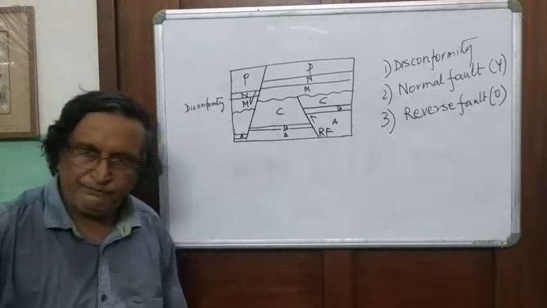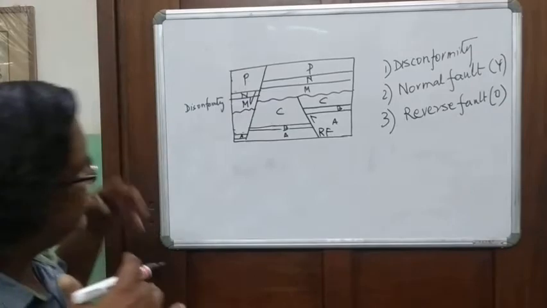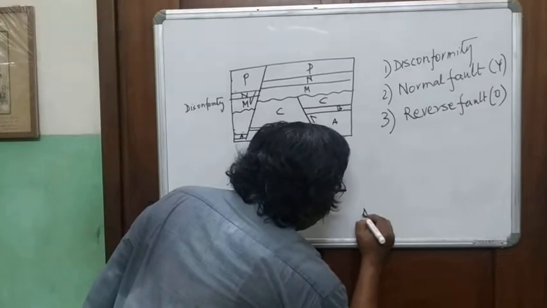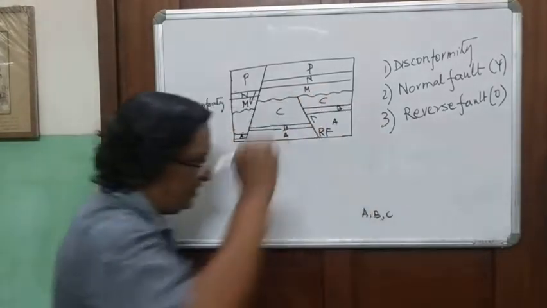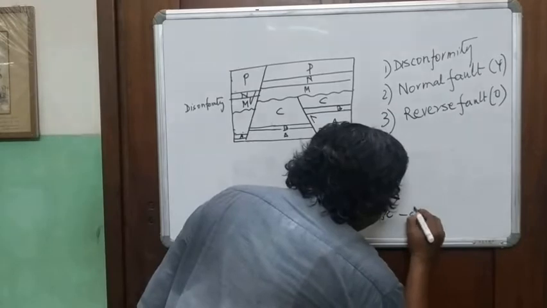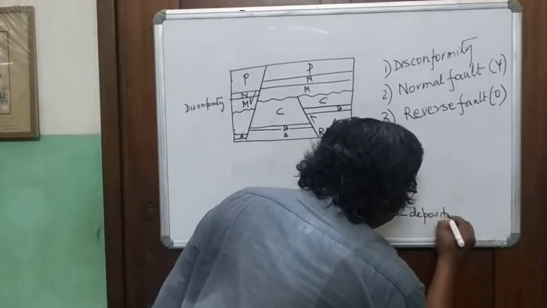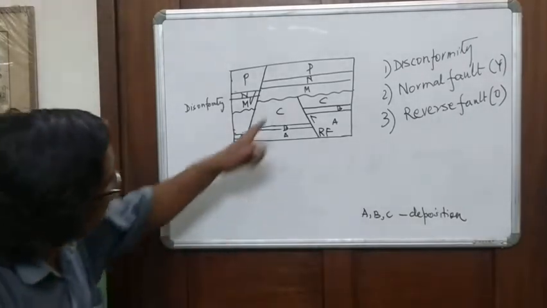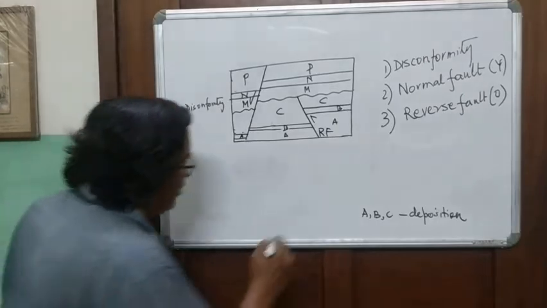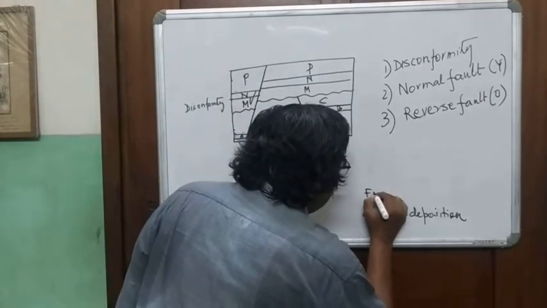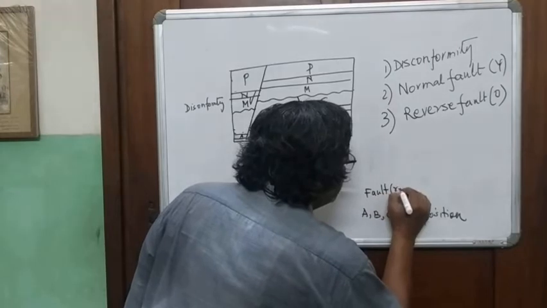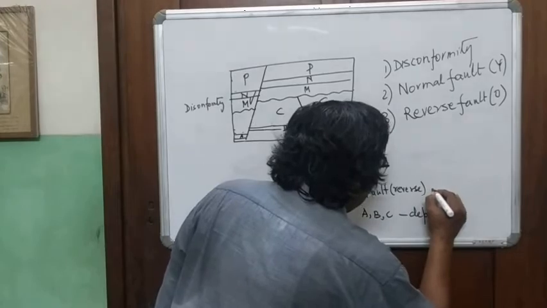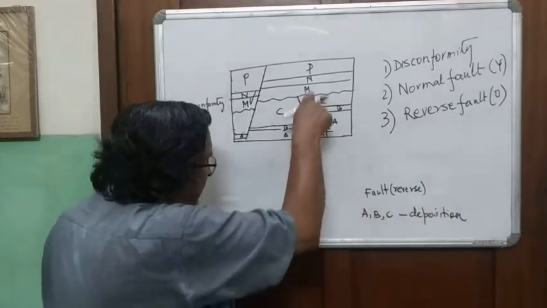Have you understood this? So, what is the sequence of things that happened? First, there was the deposition of A, B, C. Then a reverse fault that faulted A, B, and C. Is that right?